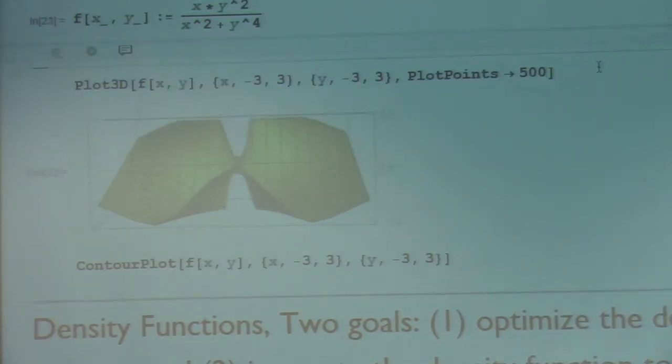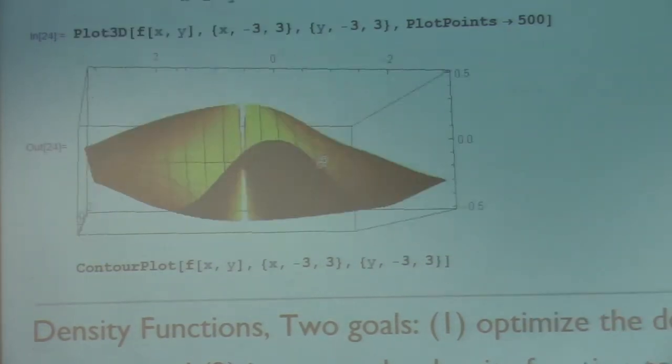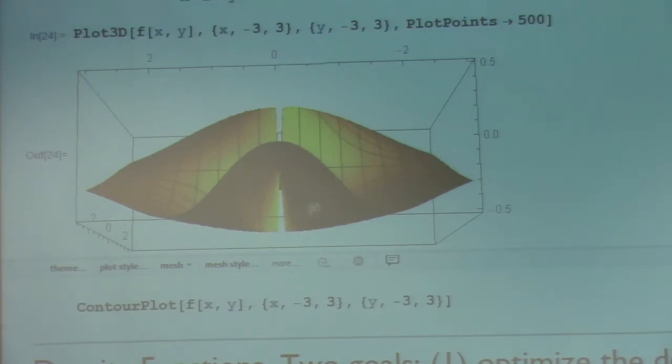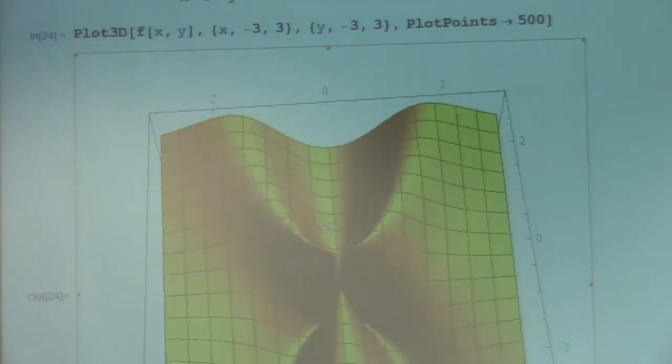It takes a while when you want to plot that many points. There it is. It did close up. See that? Okay. So there is some sort of strange folding going on near the origin.